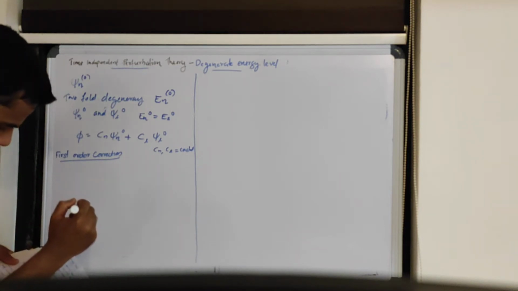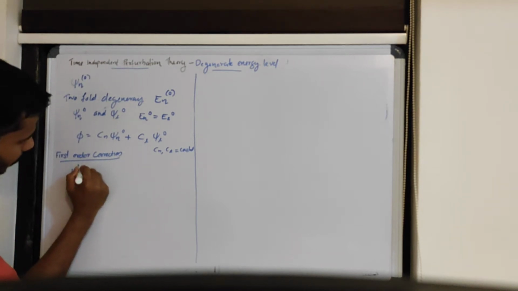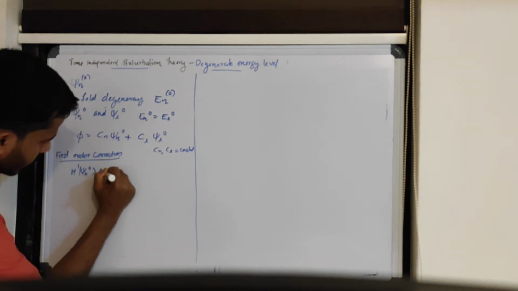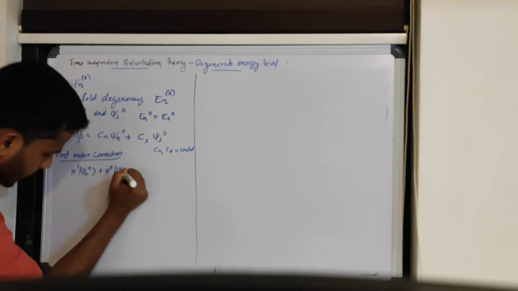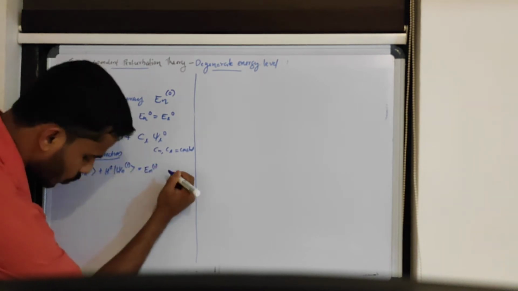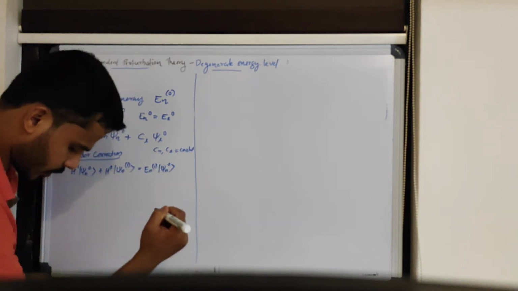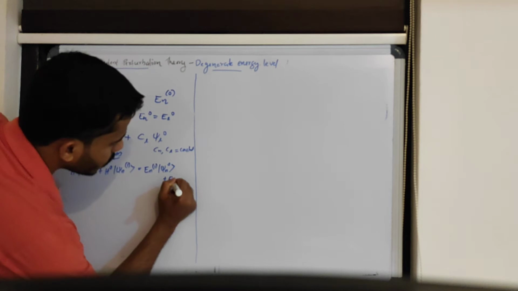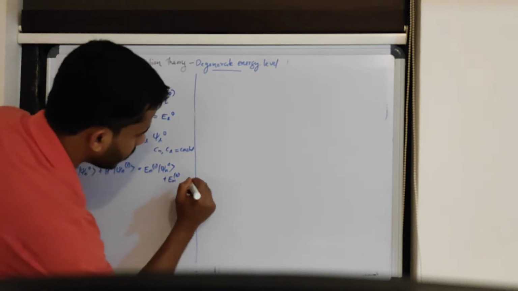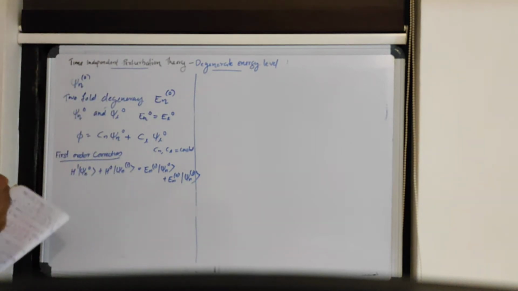We have an equation. What was the equation? H prime psi n0 plus h0 psi n1 equals en1 psi n0 plus en0 psi n1. This was our basic general equation.